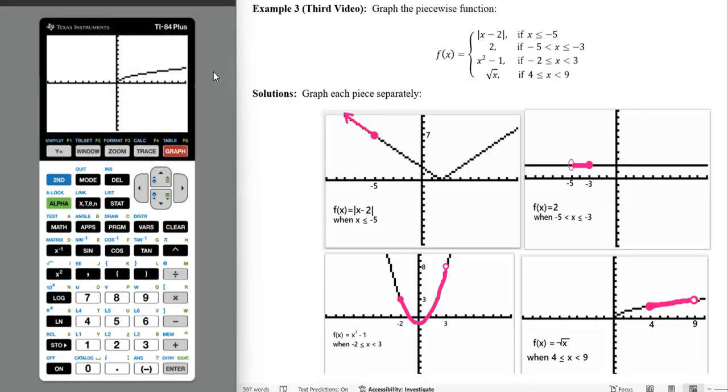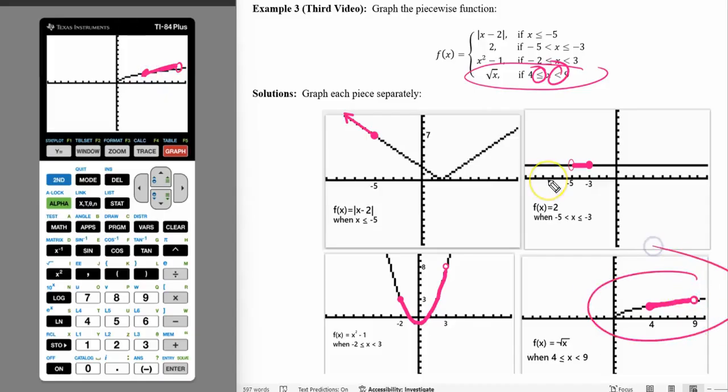So I only want that piece of the graph when my x values are between 4, 1, 2, 3, 4, and the symbol there is less than or equal. So I include the 4, and then 5, 6, 7, 8, 9. The symbol there, I do not include the 9. And so I want everything in between. And so there's that fourth piece.